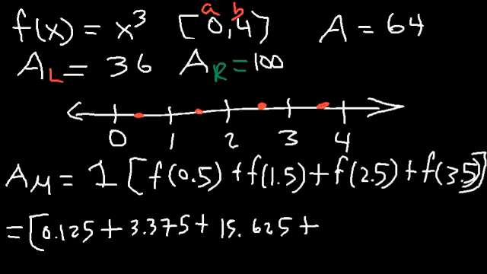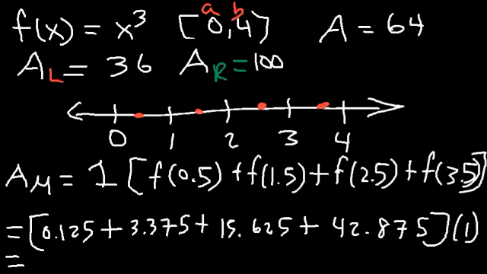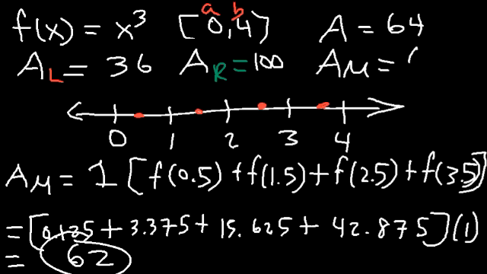And 3.5 to the third power is 42.875, times 1. So let's add the numbers on the inside. So 0.125 plus 3.375 plus 15.625 plus 42.875. So you should get a total of 62, which is very close to 64.